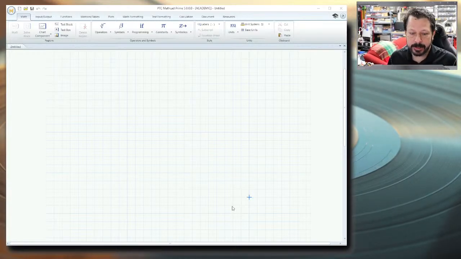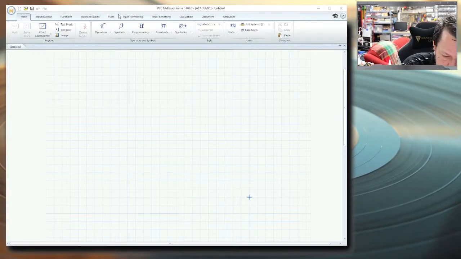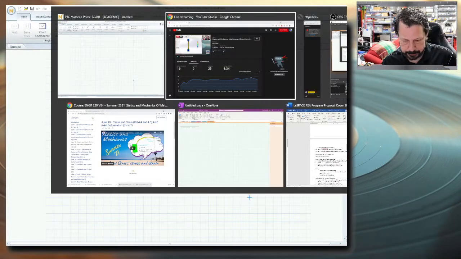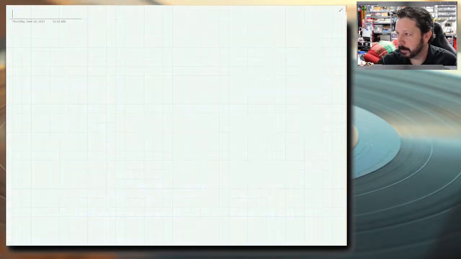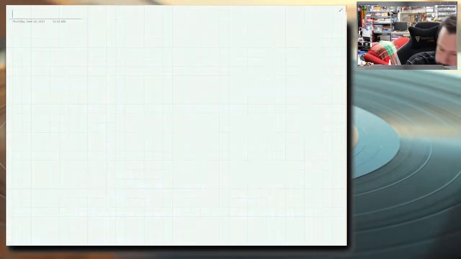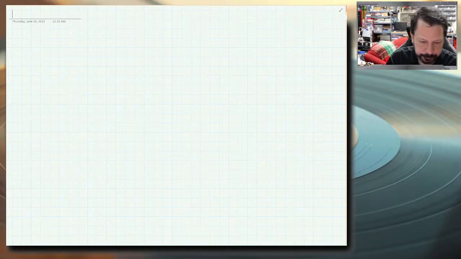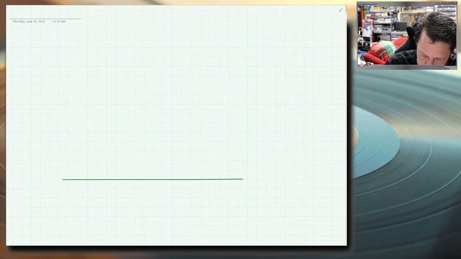And again, I'm going to exaggerate this plot because oh, that's MathCAD. I can't draw on MathCAD. There we go. Get our ruler out. And let's draw a x-axis, something like this. Remember, on the x-axis, we're going to have displacement. I'll call that delta.